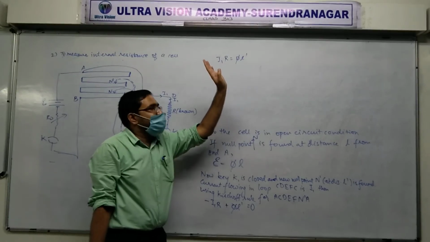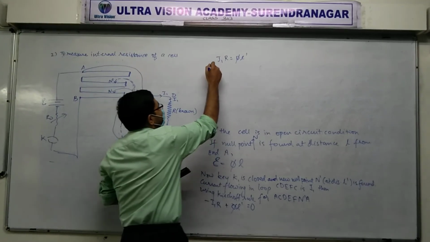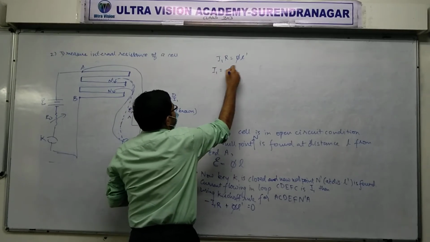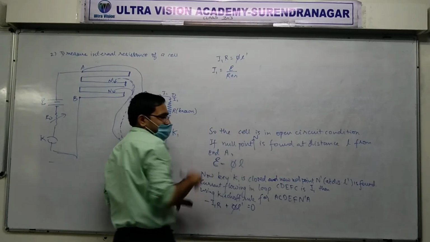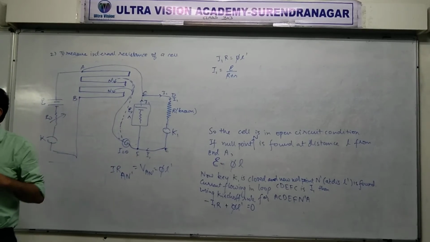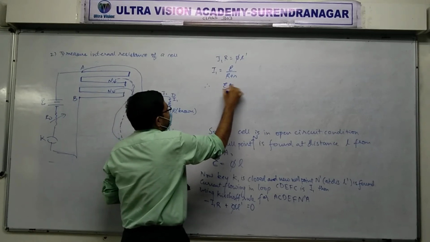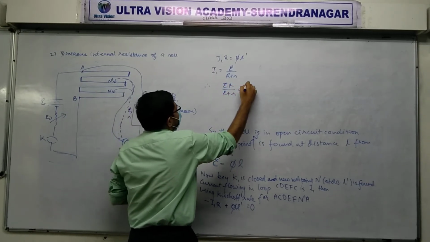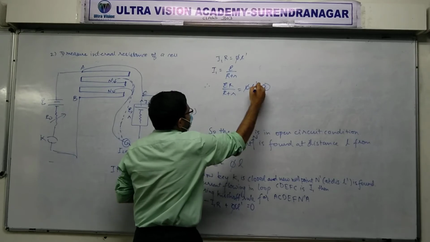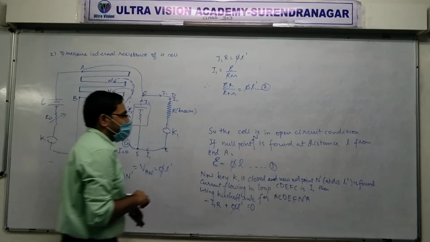Now I1 is equal to epsilon upon R plus r. Therefore epsilon R upon R plus r is equal to phi into L dash. Call this equation 2, and the earlier one equation 1.